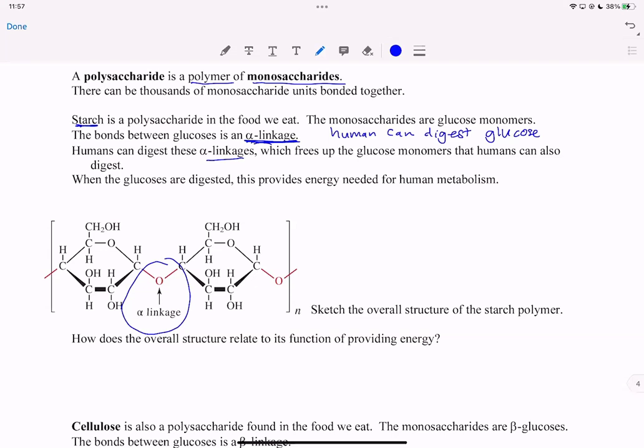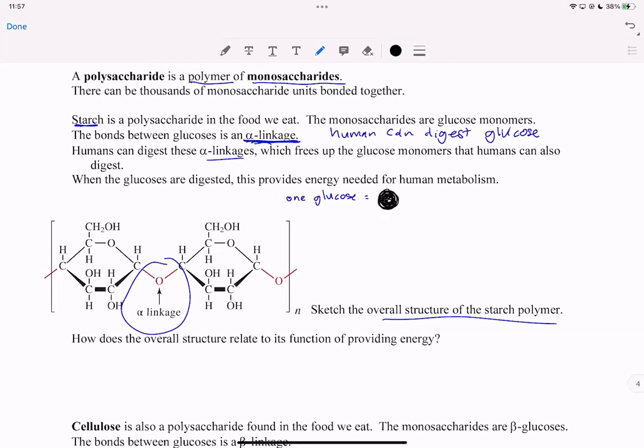But remember, another thing I mentioned in the video is that this alpha linkage leads to an overall structure of the polymer that is coiled. And here's why. So let's write one glucose. Instead of this 6-member ring structure, I'm going to make it a black circle.